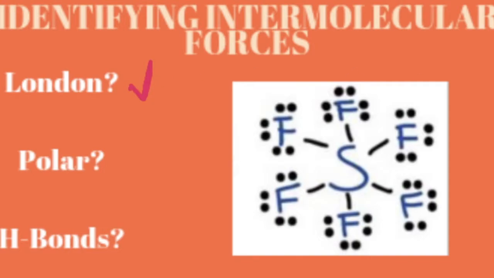So we see here that the sulfur hexafluoride has 6 bonds, 1, 2, 3, 4, 5, 6, and there's no lone pairs in the central atom, making the number of this Lewis dot structure 6, 0. And we know from our VSEPR structure knowledge that 6, 0 is not polar. So since it's not polar, that also means that there can't be hydrogen bonds. So that leaves us with sulfur hexafluoride just being plain old London dispersion.